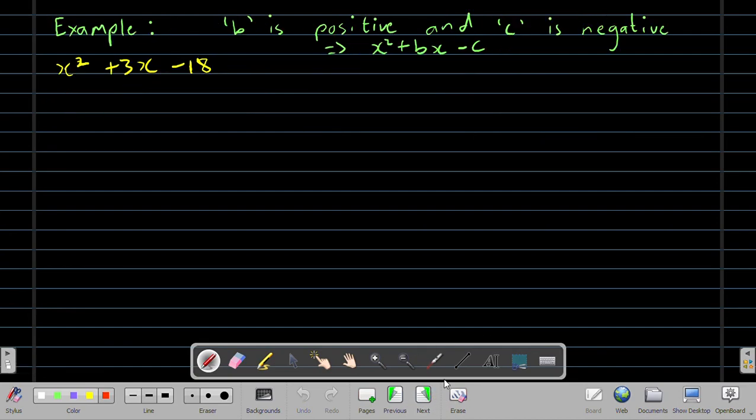So here we have b is positive, c is negative. These ones get a bit trickier. So the previous two are probably the easiest ones. The next two that we're going to be doing are the tougher ones, because now you have to see whether b or c is larger or not. But let's just do what we've done before.